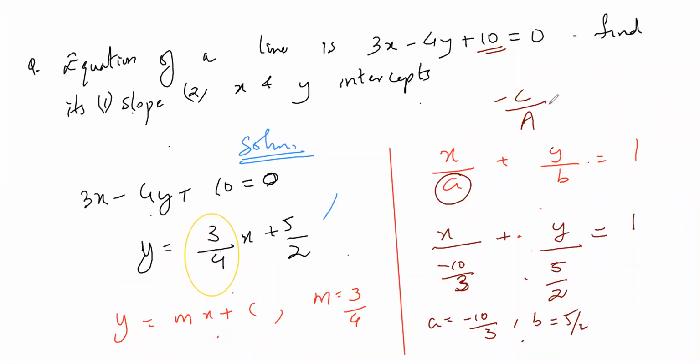It's very easy for me to find it out. This is minus 10 by 3, that is nothing but minus 5 by 2 by 3 by 4. So minus 5 by 2 into 4 by 3. That's how you get minus 10 by 3.